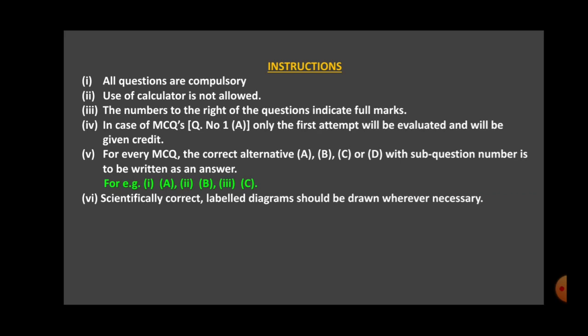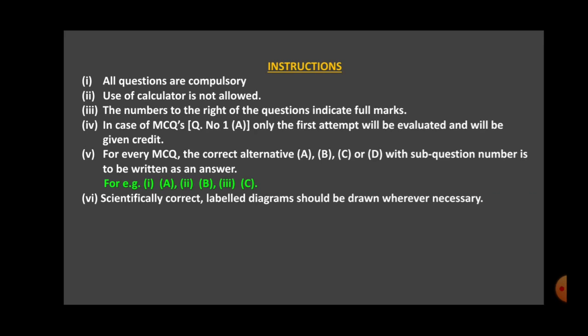Here the answers will be evaluated only of the first attempt. Many a times students write all the 4 options in different pages, but only the first attempt will be corrected and the remaining 3 will be crossed and they will be given 0.